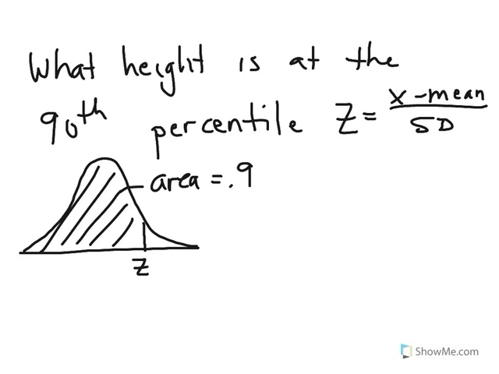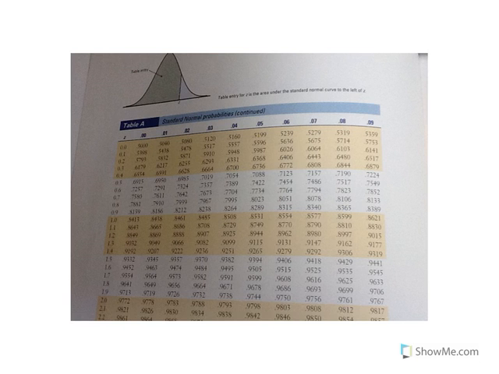Let's go back to the table one more time. Okay, I'm back on the table, only this time I don't know what z to look up, so I'm going to look at the numbers in the body of the table. I'm looking for numbers that are really close to 0.9. I can find two of them right here. Notice that 0.9 isn't in the table, but there are two values that are very close.